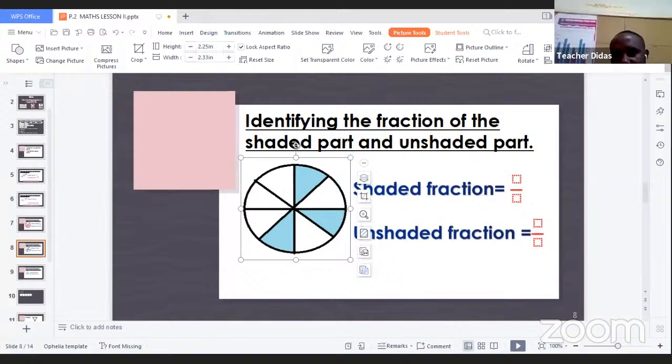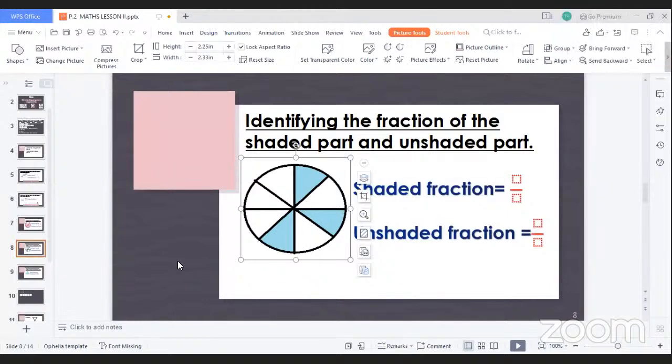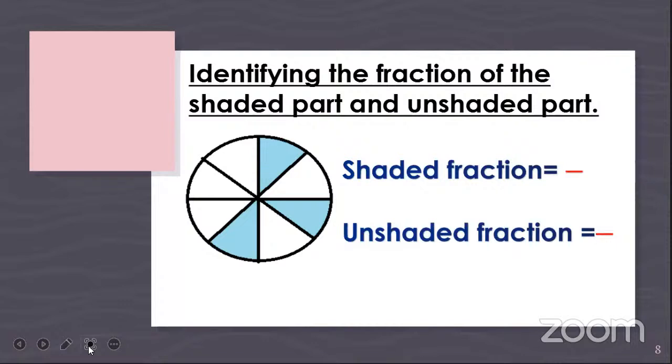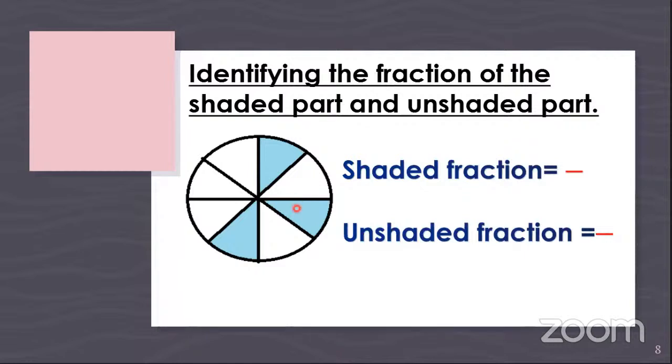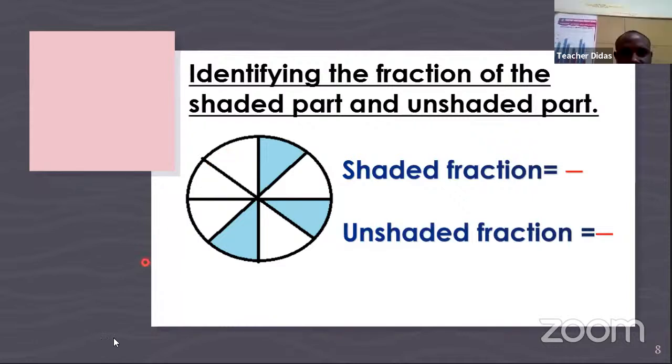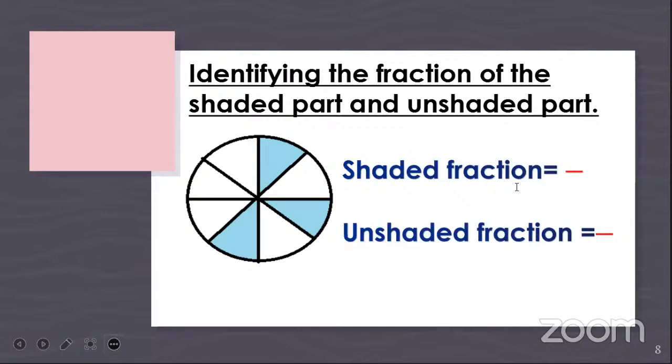Let me make it a little bit big. Let's count together. 1, 2, 3, 4, 5, 6, 7, 8. So all the parts are what? 8. Where do I put it?